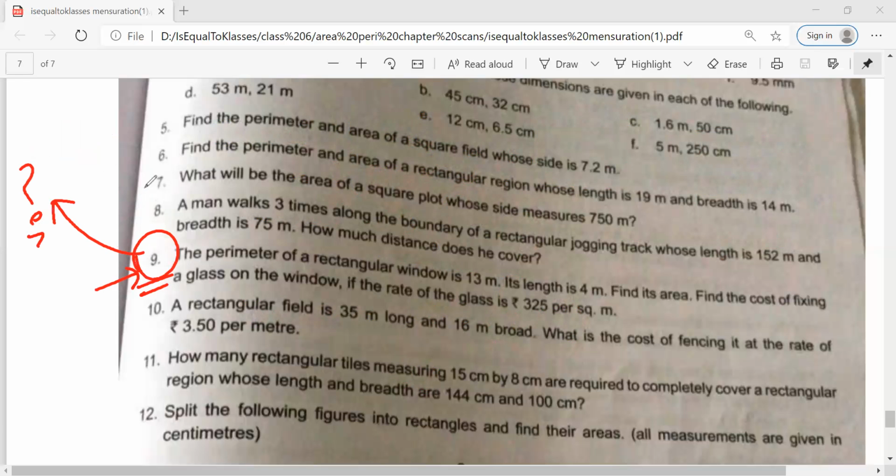Okay. The perimeter of a rectangular window is 13 meter. Its length is 4 meter. So this is a rectangular window. Length is 4 meter. It is rectangular. This is 4 meter.